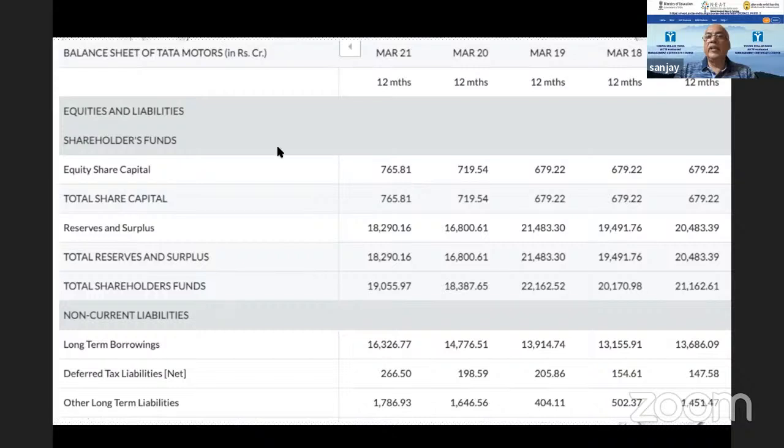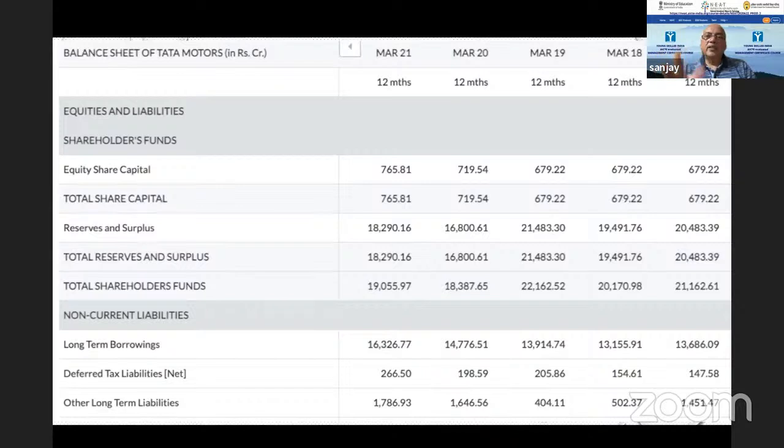And its total shareholder funds are 19,055 crores. The long-term borrowings are 16,326 crores. So if you add these two, you are getting roughly 35,000 crores as the total funds that it has. If we look at the equity portion, roughly 54% is equity and 46% is debt.